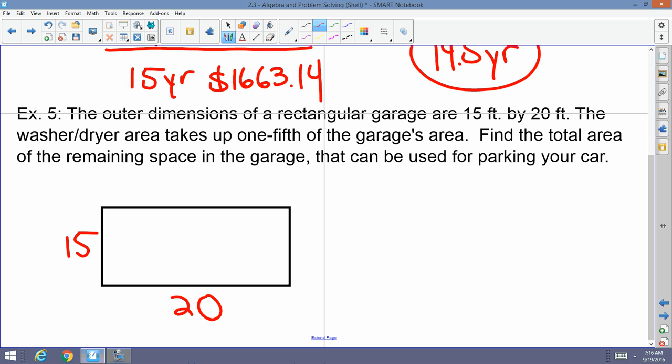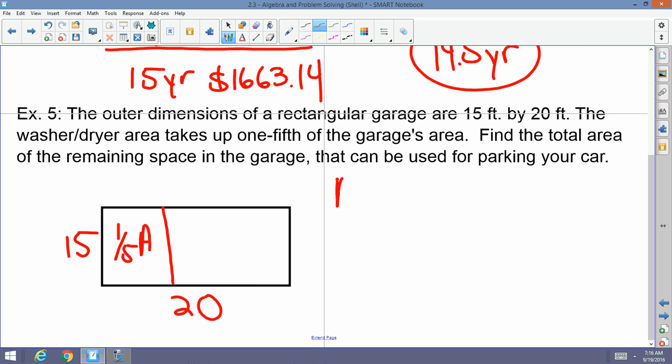And I know that there's a little washer dryer area, so let's draw the little washer dryer area. And it is 1/5 of the garage's total area. So it is 1/5 of, that means multiply, the garage's area. Find the total area of the remaining space in the garage. Well, in order to find the area of the washer dryer area, I need to find the whole area.